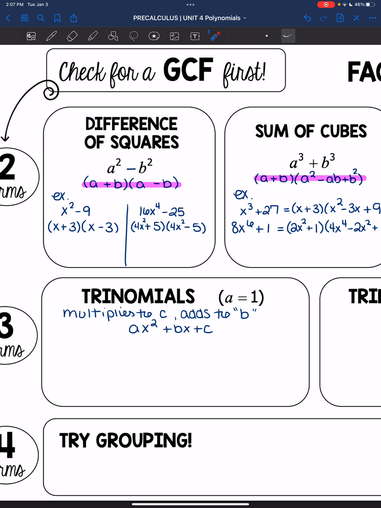So when I'm mentioning here that it multiplies to c and adds to b, we're looking at these numbers right here, because our a is in fact just a 1. An almighty 1. You won't see anything in front of that first term. Its leading coefficient is just a 1.